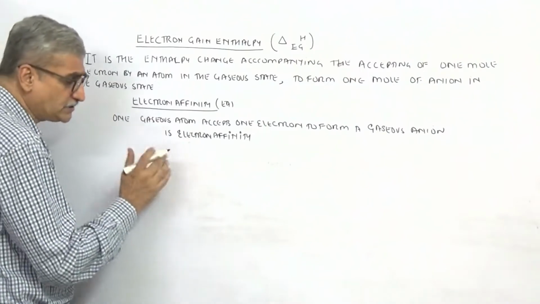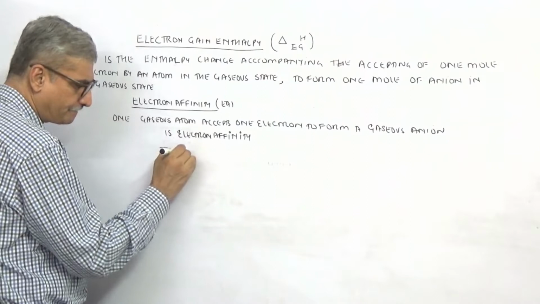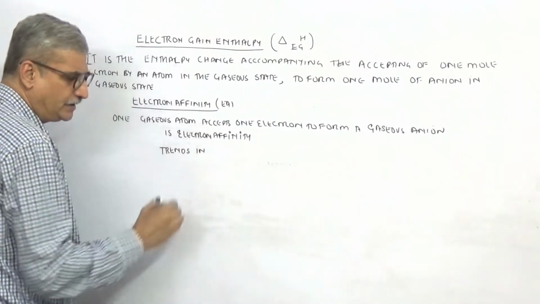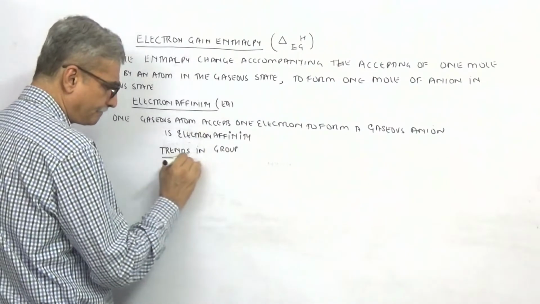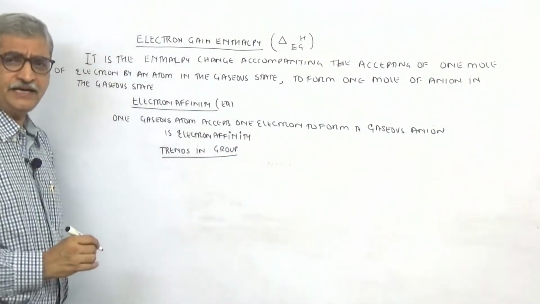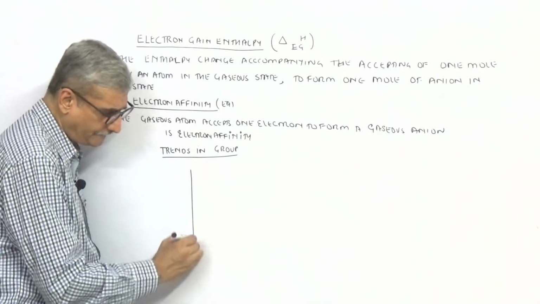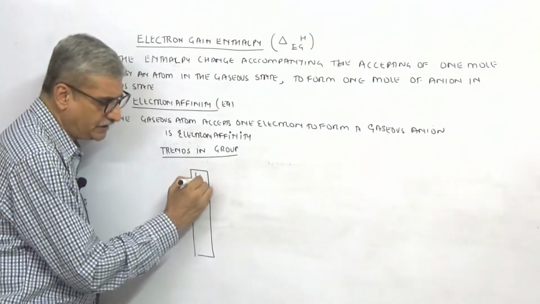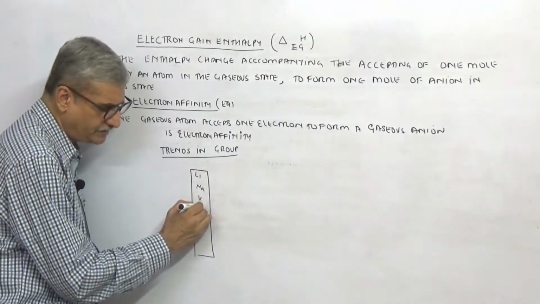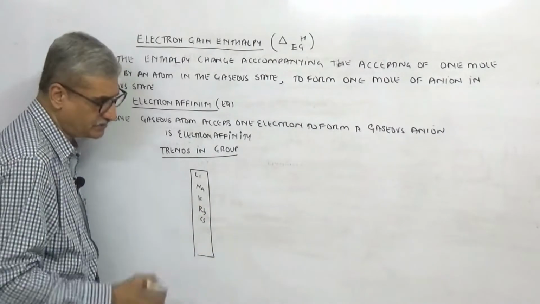Now let us look at trends in a group. When you look at the trend in a group, let us talk about lithium, sodium, potassium, rubidium, cesium, francium is not.